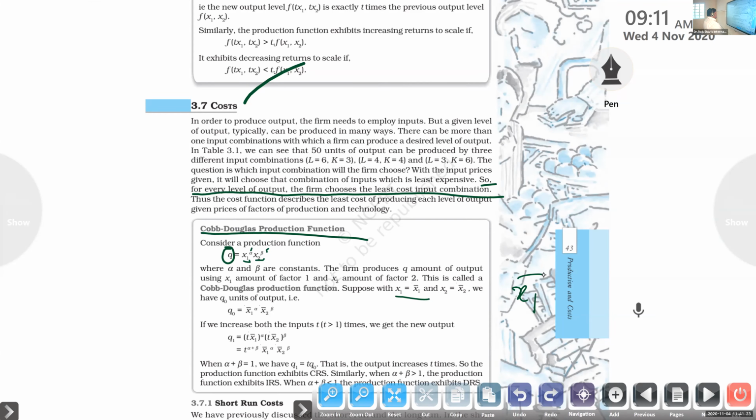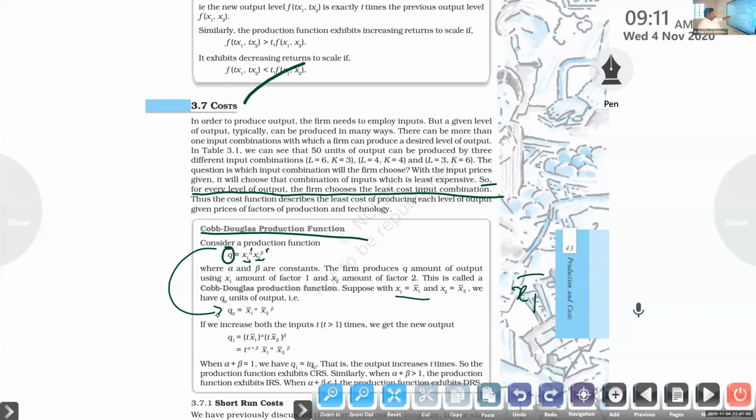So we have Q0 units of output, and we rewrite the equation like this: Q0 is equal to x1 bar raised to alpha multiplied by x2 bar raised to beta. The idea is clear, right? We are directly making a change here.